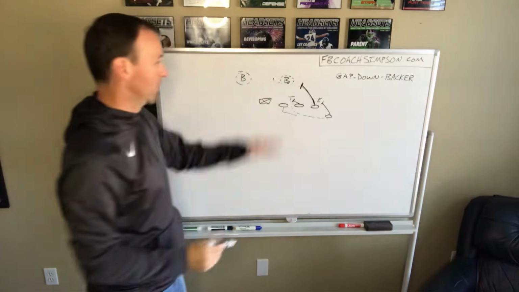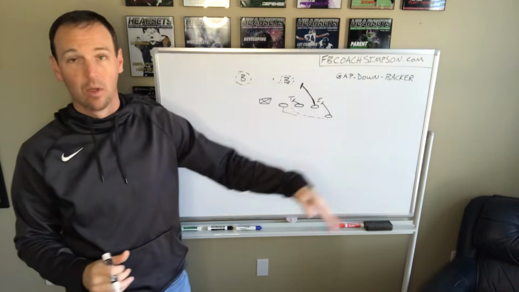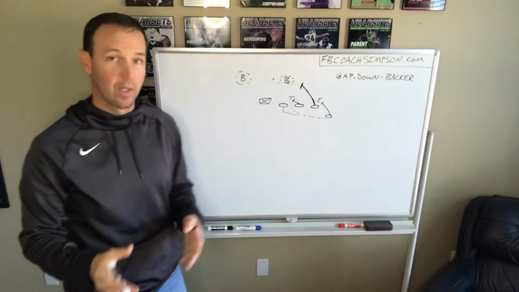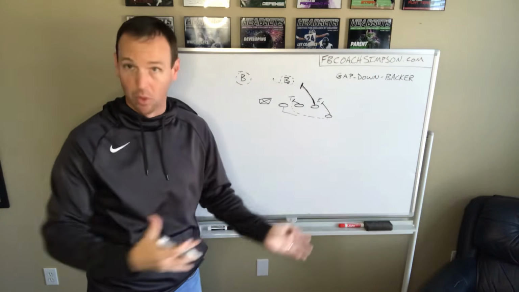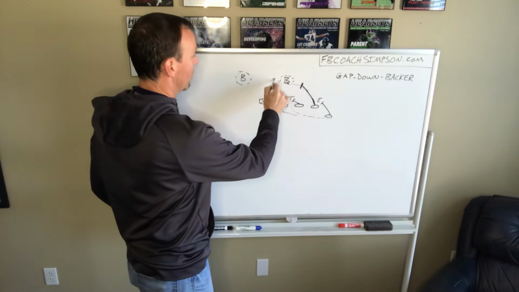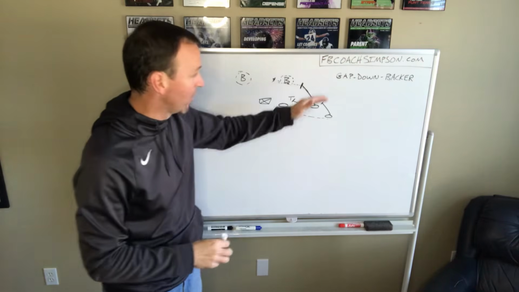So we're aiming to take this linebacker play side. But if he leaves, we're not going to chase, because we have somebody coming to pick him up. If we're blocking gap down backer, there's probably a puller who's taking care of that. So we will block here to here, depending on the technique of that linebacker. That's simple for gap down backer.